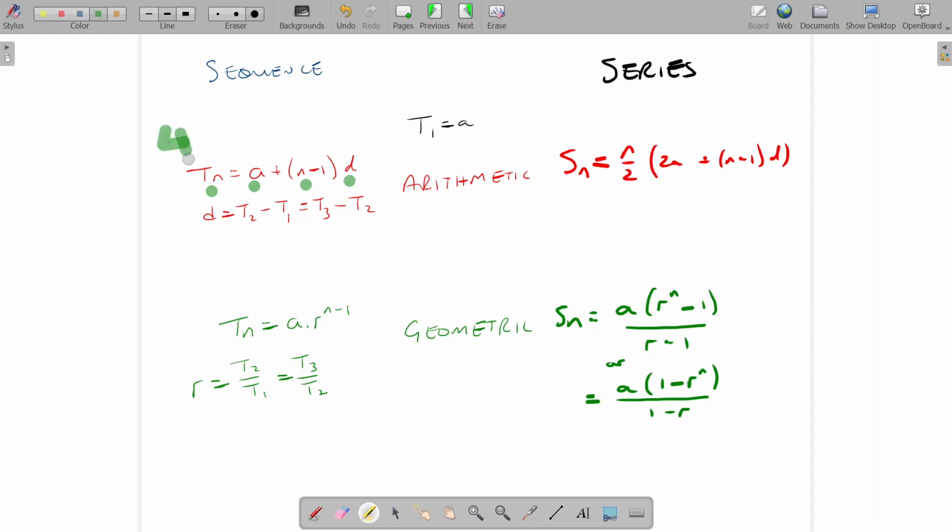There is t, a, r, and n. There's s, n, the same n value, so I'm only going to count it once, and a and d. And s, a, the same r value, and n. There are 4 variables.